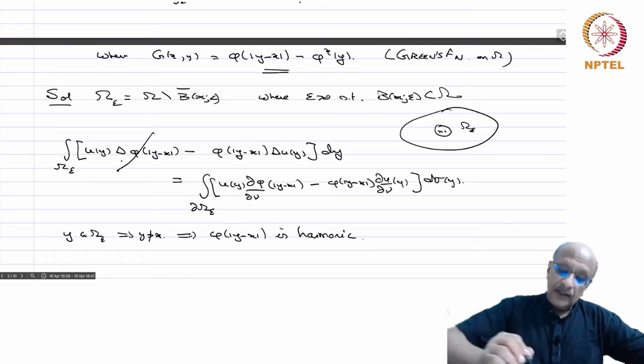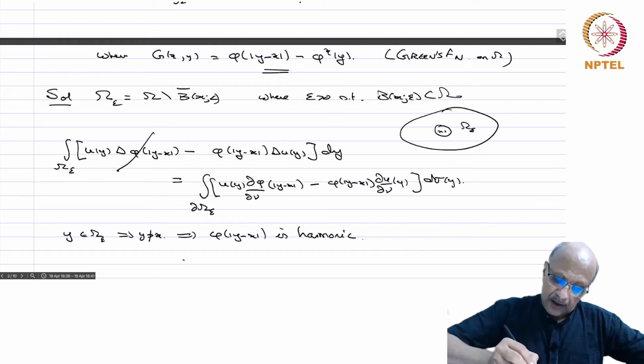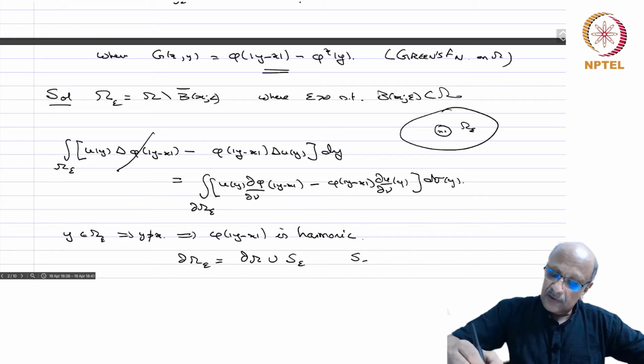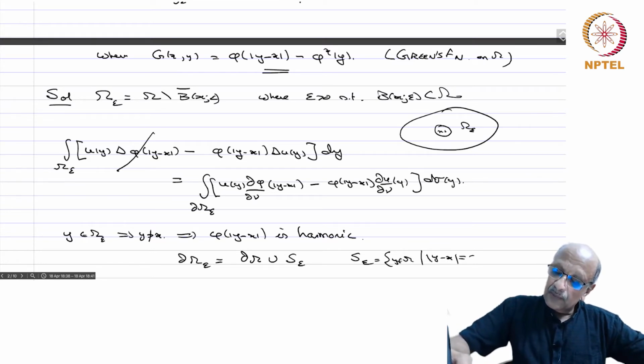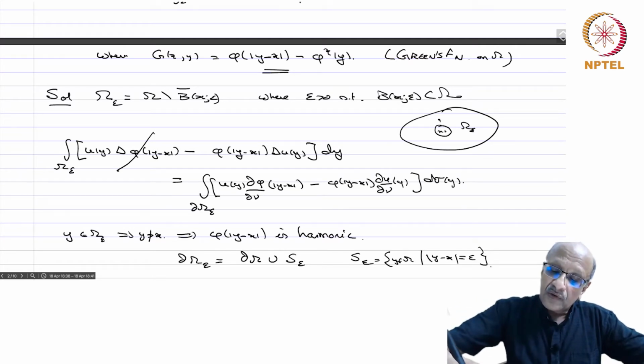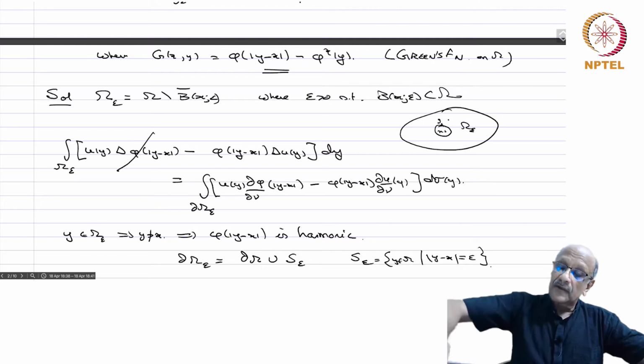Okay. So then you have d of omega epsilon is nothing but d of omega union S epsilon, where S epsilon is the set of all y in omega with mod y minus x equal to epsilon. That means you have the sphere, this is the boundary of this ball, and so this is S epsilon.